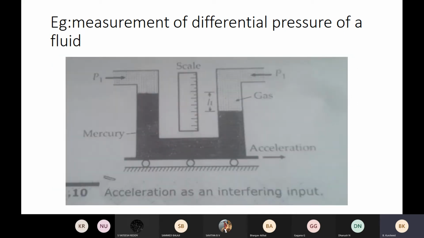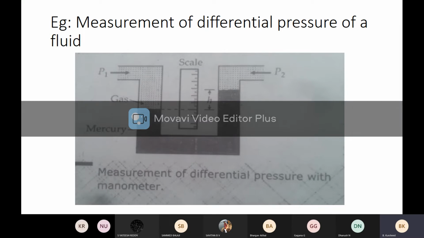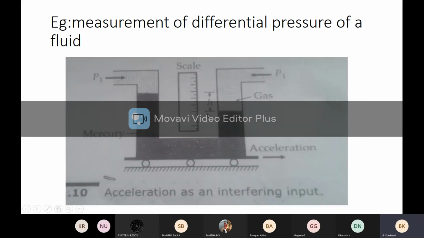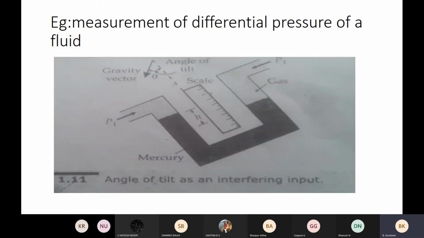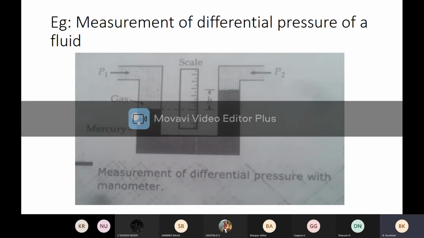Write down this one. This is a basic measurement of differential pressure with a manometer. When P1 and P2 are equal, H will still appear. Why is H appearing? The reasons are: one is acceleration as an interfering input, and one more is angle of tilt as an interfering input. Write down. Whatever you are understanding, write down.